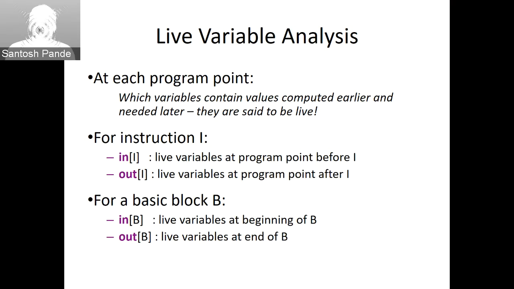This is called the variable being live during this particular interval. And we want to find out whether a variable is live at a given program point or not. And how do we find that out?